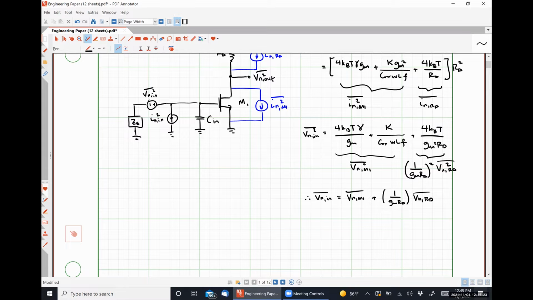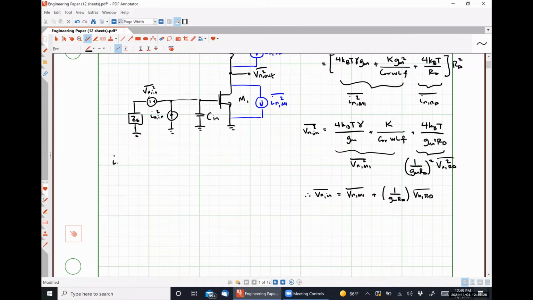From our last example problem, we also saw that our input referred noise current, IN, was SCN squared times 4 kBT gamma over gm plus K divided by Cox W L f plus 4 kBT over gm squared RD.